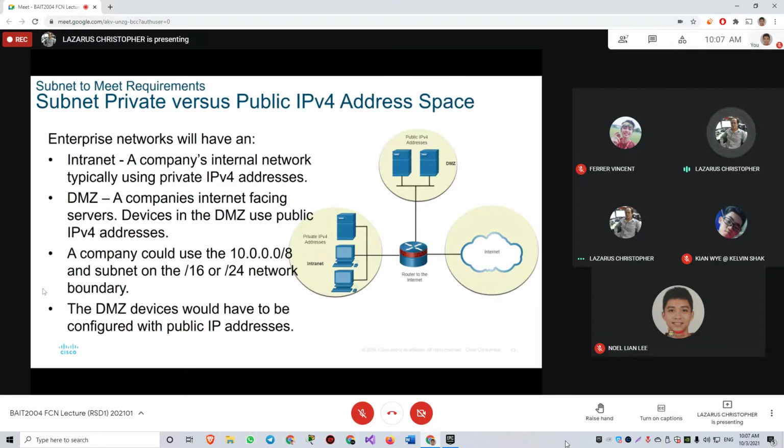But enterprise networks mostly will have this kind of configuration. You can see that normally an enterprise network has its own private network, and we already understood that it is only meant to be used by their own employees, their own people. We normally call it intranet.